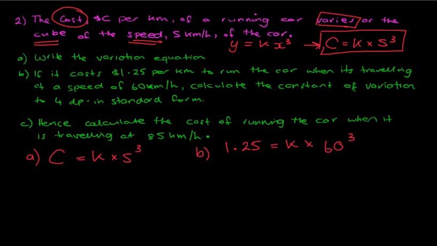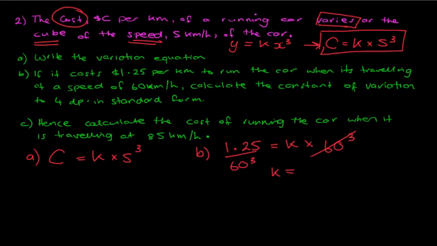Again, if you're using a graphics calculator, let's just bang it out on the equations mode. It's just 1.25 equals x times 60 cubed, and let it solve it. If you're not using a graphics calculator, well, we're dividing by the 60 cubed. Now obviously we're dividing by a huge number there, so it's going to be a really small number. Now it says there 4 decimal places in standard form.